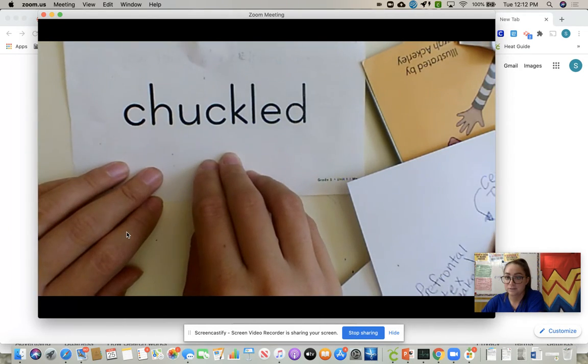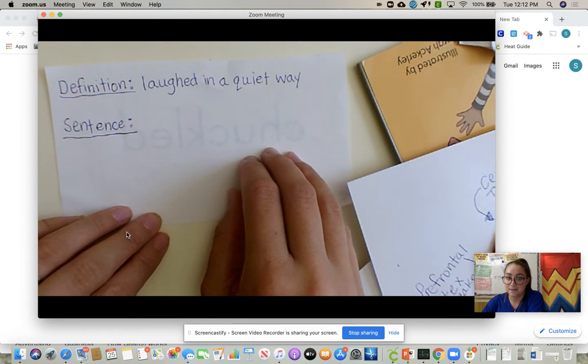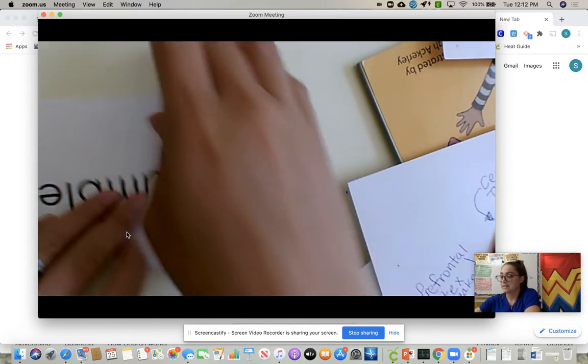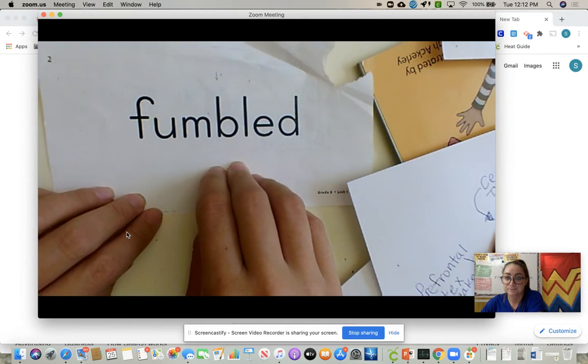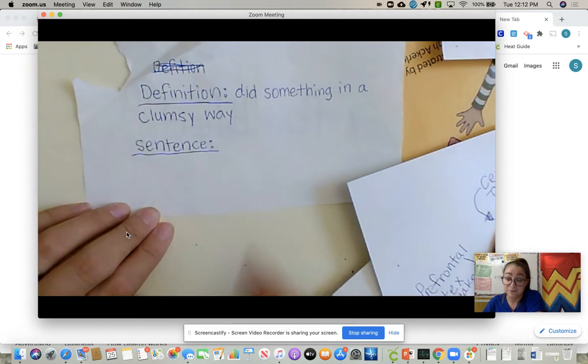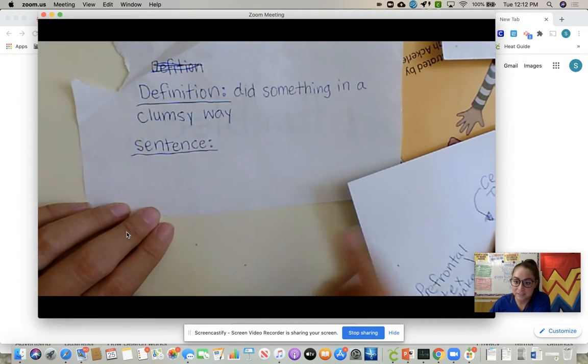Chuckled, laughed in a quiet way, and fumbled. I made a beautiful oops and spelt definition wrong, but did something in a clumsy way. And they need to come up with their sentence.